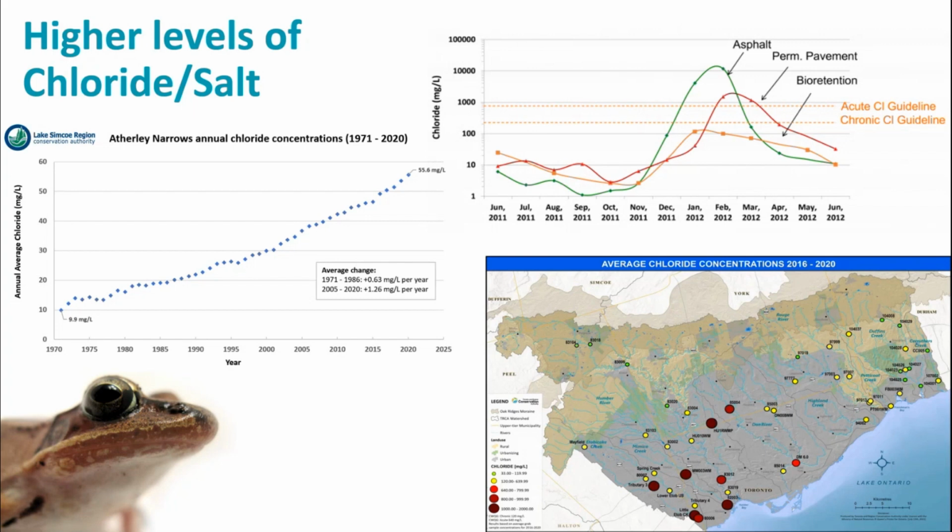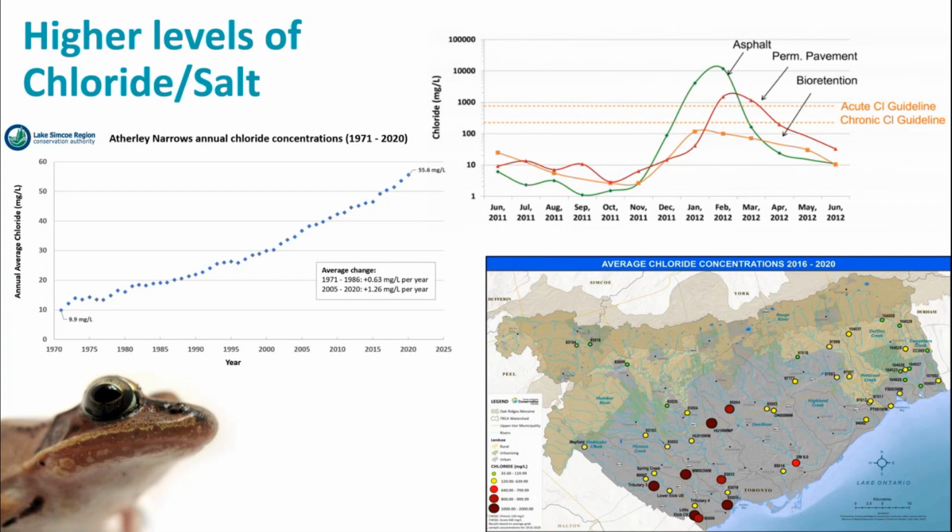So as we can see here, the study we conducted back in 2012, we also have the acute chloride guideline and the chronic chloride guideline. So keeping the acute chloride guideline, which is at 640 milligrams per liter, and the chronic chloride guideline we talked about before, which is 120 milligrams per liter, we can see that permeable pavement and bioretention fall under it, especially when we're going towards our April, May, and June months when a lot of the snow is naturally melting.